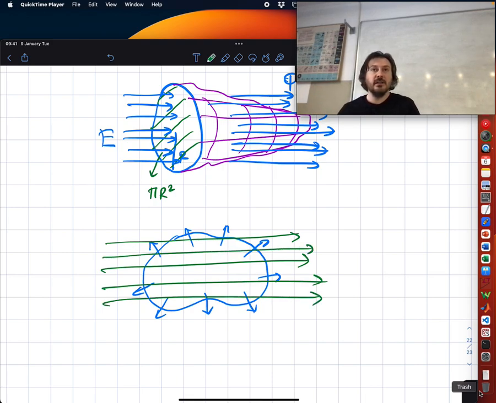Then the total flux is 0, because these ones will produce the negative ones, as you mentioned, and these ones will produce the positive ones. So it will totally be 0.